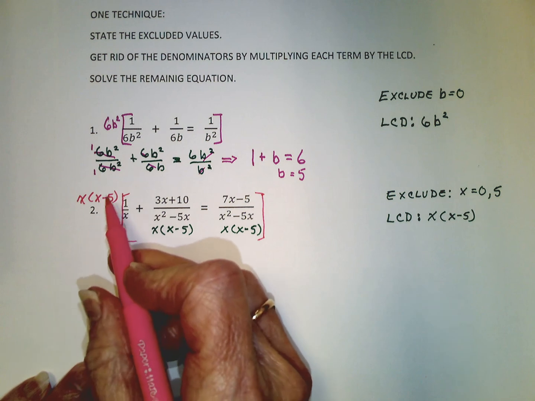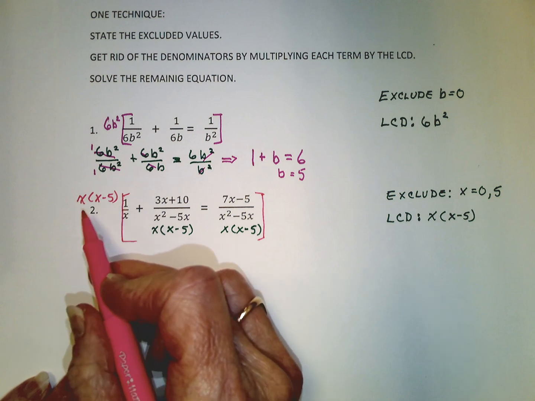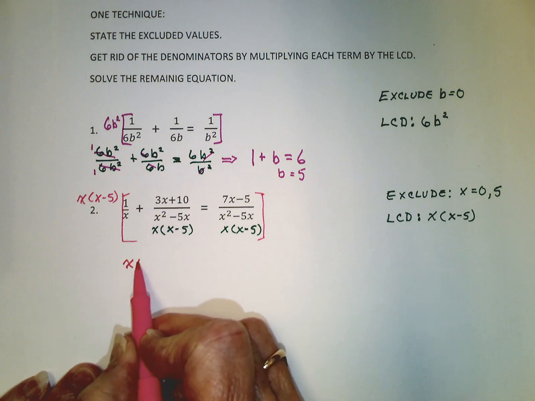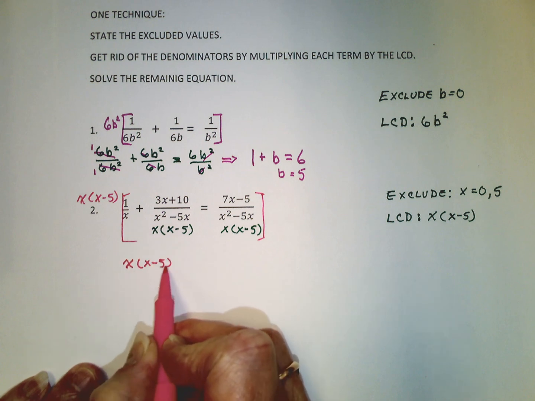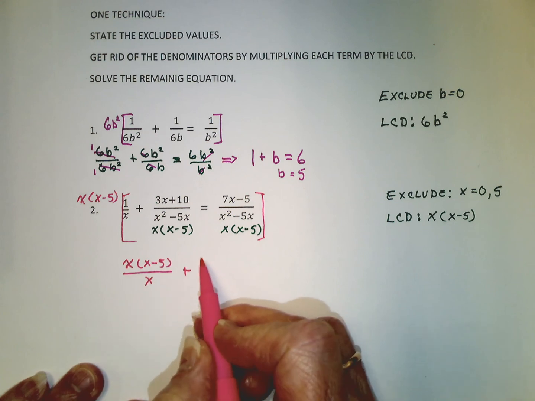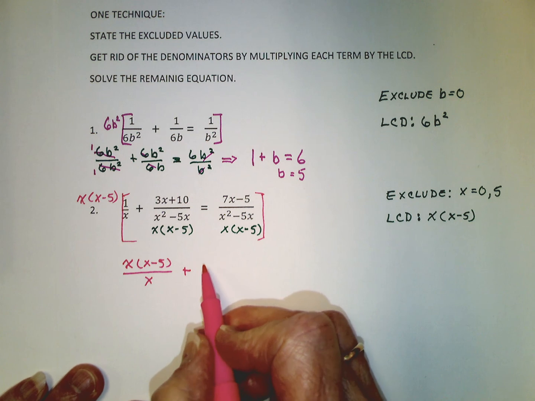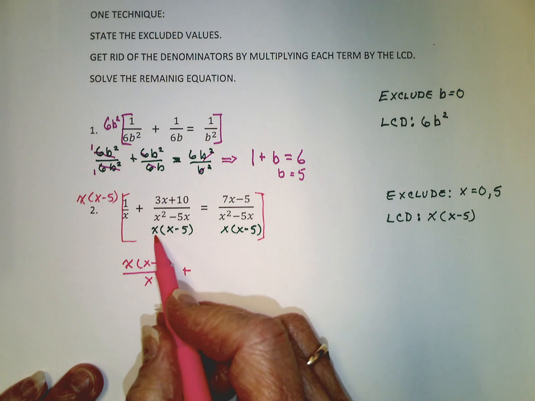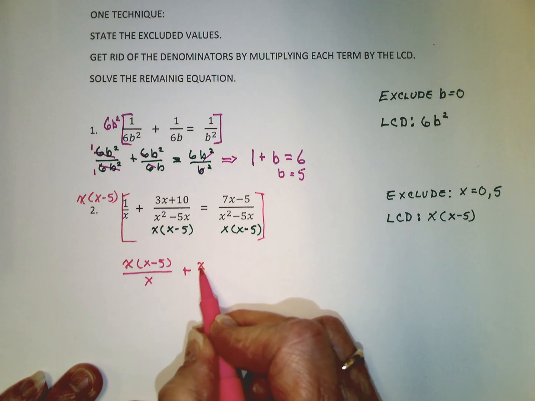So the first ones, I multiply that times the first fraction here, the 1 over x. Now I have x times x minus 5 over x plus, oh goodness, this looks like it gets interesting, this times this over the denominator.